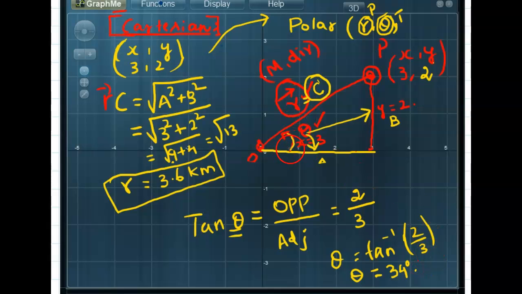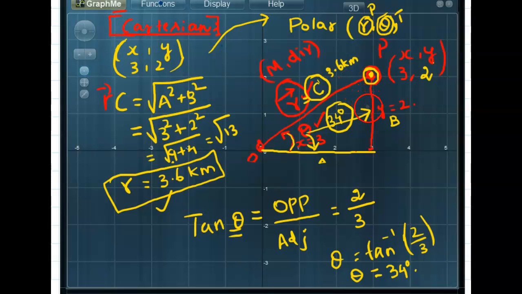So if you go from the x-axis, 34 degrees above horizontal, and if you walk 3.6 kilometers, as we found here, 3.6 kilometers at 34 degrees above the horizontal, if you go straight, at the end of 3.6 kilometers, you can reach the point P, the position.